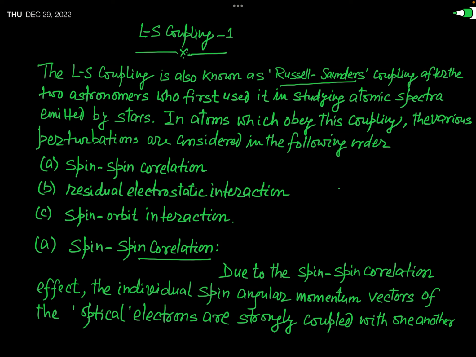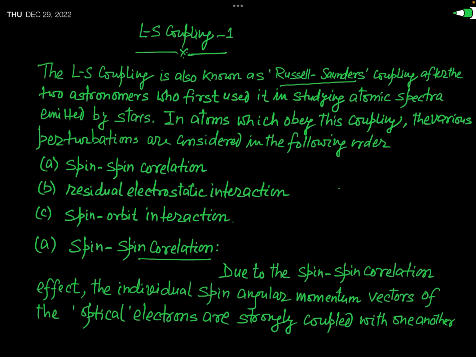In fact, this LS coupling is found particularly in lighter atoms. If you want to deal with the LS coupling in lighter atoms, then there will be actually three perturbations, and in a particular order we will deal with the problem taking these three perturbations into account.